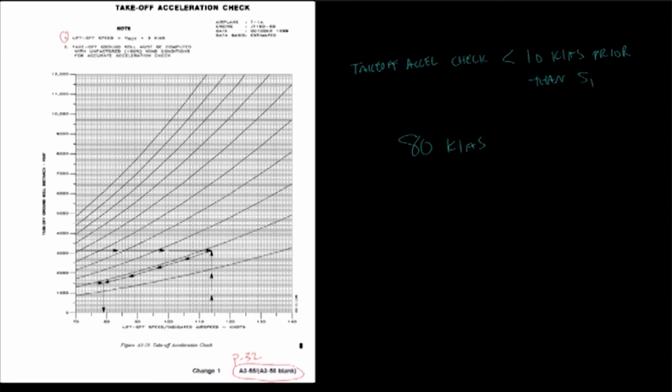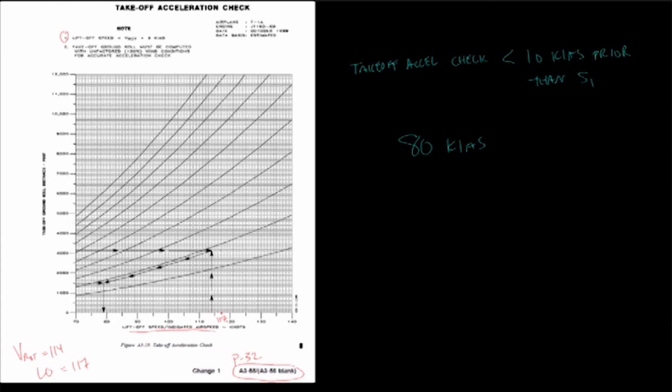So let's say today our rotation speed is 114 knots. That means our liftoff speed is going to be 117. So let's go down here to the bottom for our liftoff speed portion of the graph. We have 119, 118, 117 here. Yep, that's 117. Now we're going to go up a certain distance.